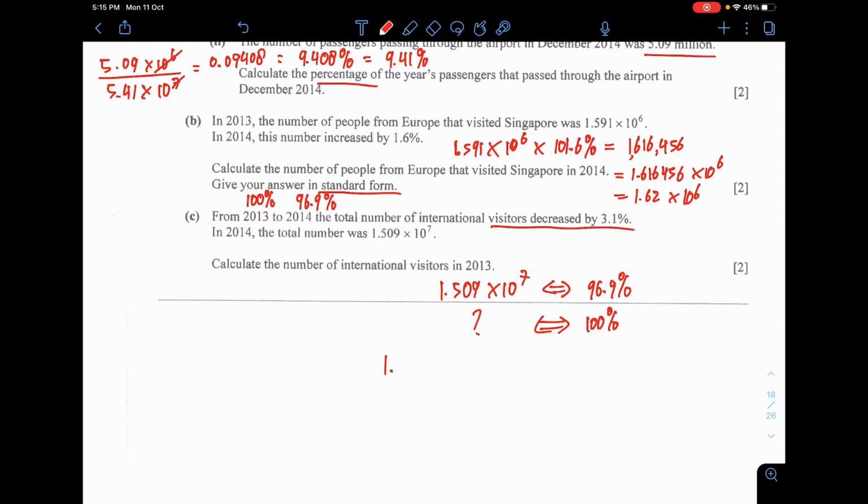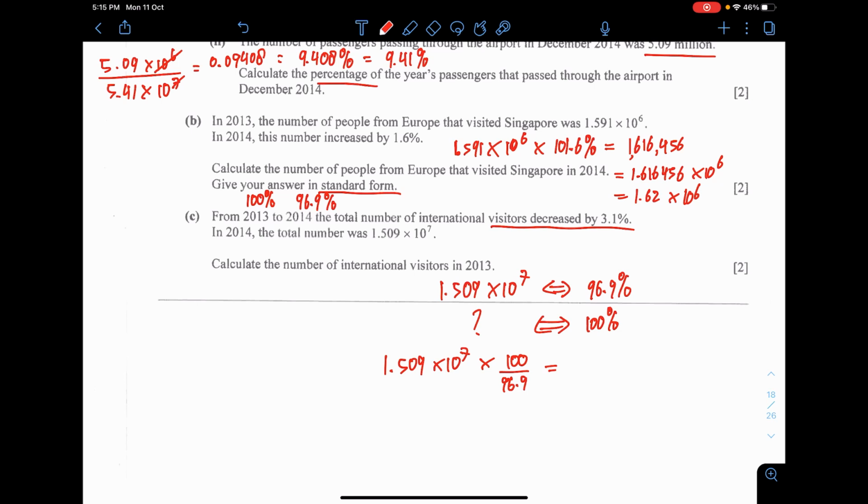So in order to get this, I just take this number, multiply by 100 over 96.9. You can put the percentage here, but since both of them are percentages, they are going to cancel anyway. So you can just put it like this.